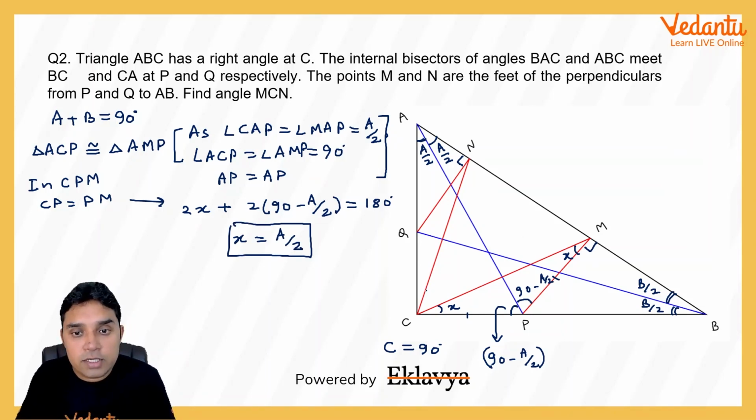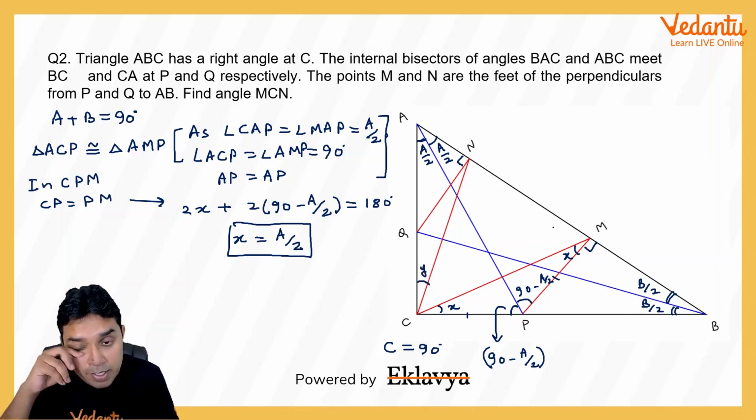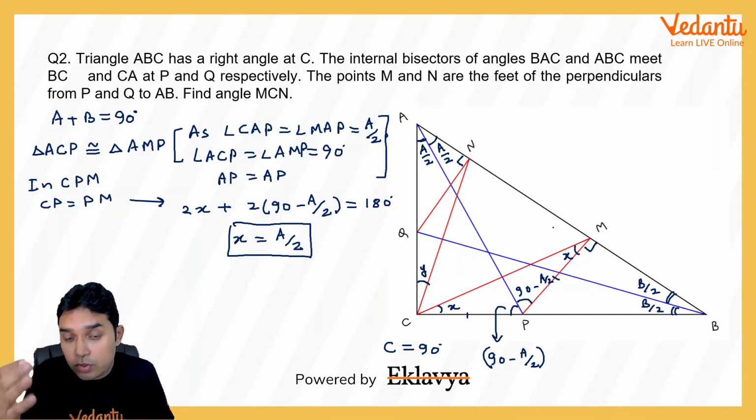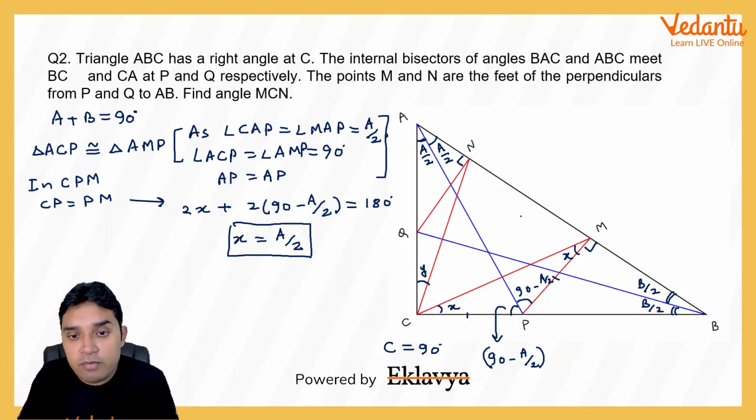Now similar to this I can write that this y will be B by 2, or I should again say why this will be B by 2. Please understand that triangle BCQ will be congruent to triangle BNQ.